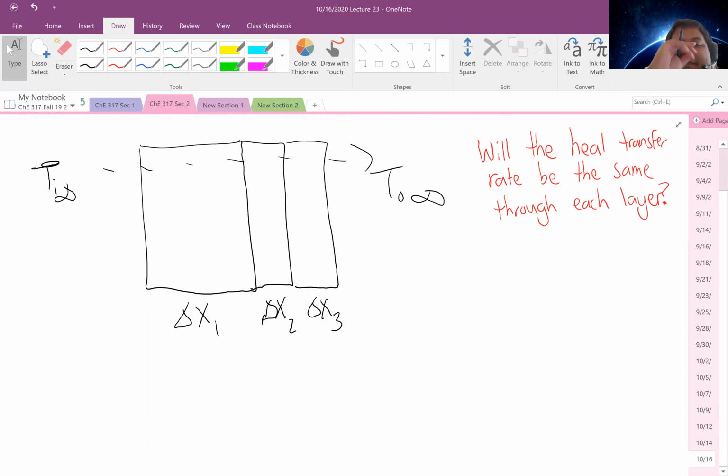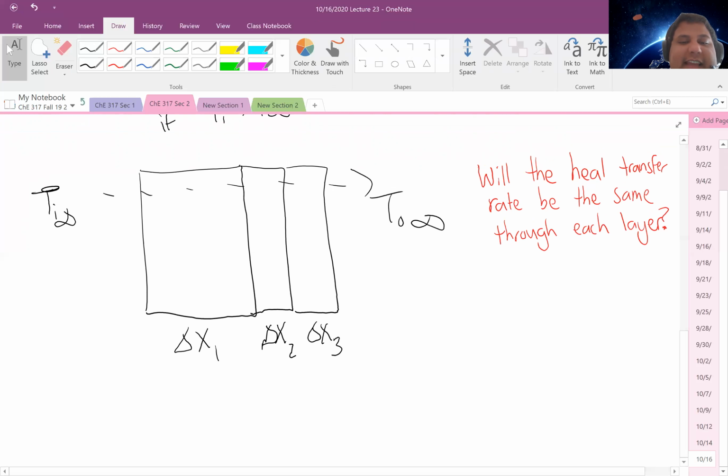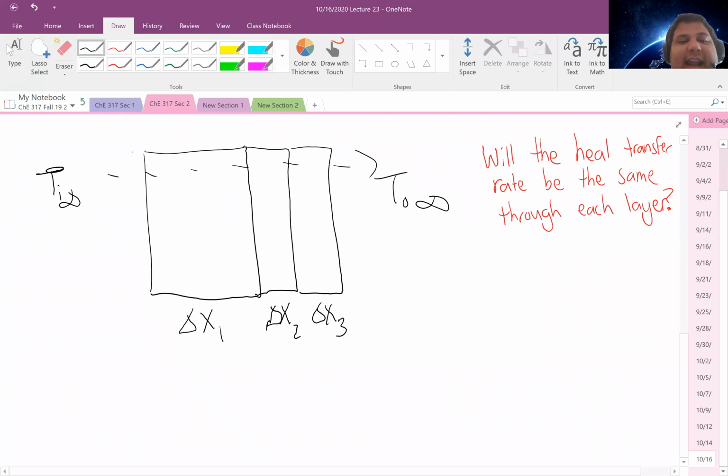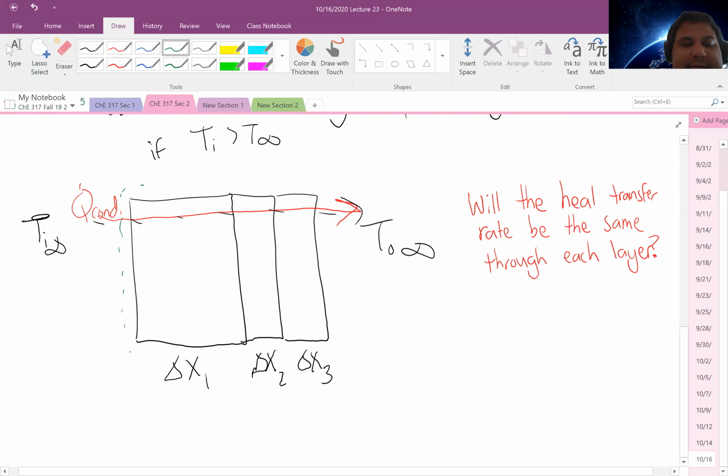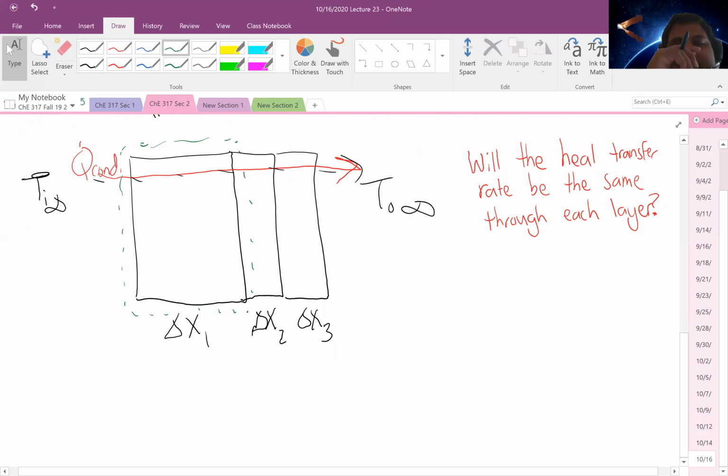Well, the correct answer is, if I'm looking at heat transfer that occurs in the x and only the x direction, and I know based on the temperature gradient it has to go from the high temperature to the low temperature, therefore conduction is going to occur in this direction. And if I do an energy balance over each system, let's say the energy balance over this first system, any heat transfer coming in is also going out, as I've drawn it.